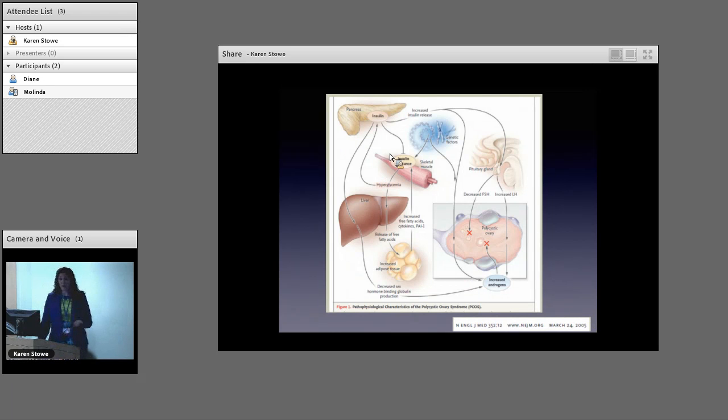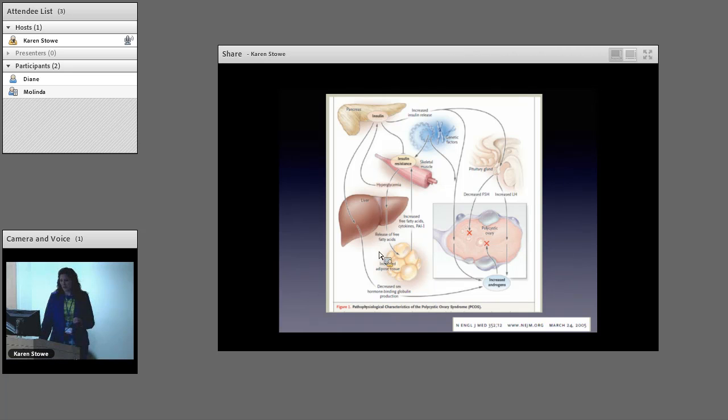It's more rapid, and that rapidity favors LH secretion from the pituitary. And the higher levels of LH stimulate the thecal cells to secrete more testosterone.